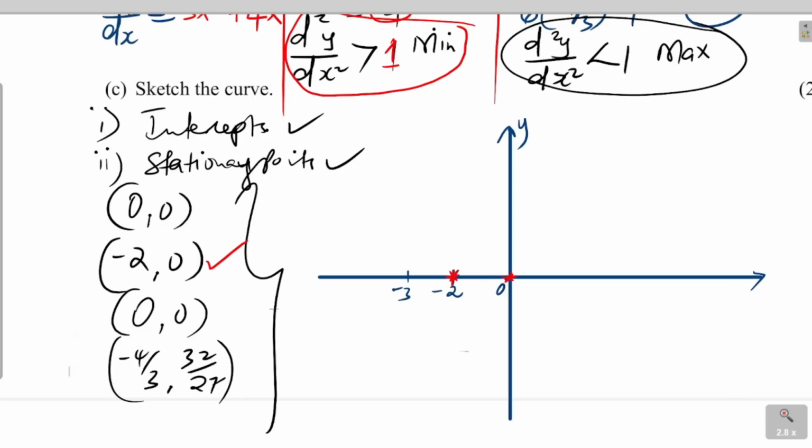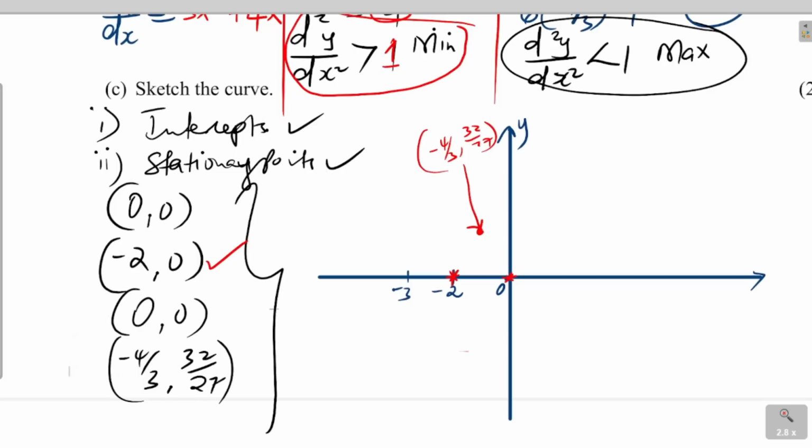Then 32 divided by 27, again it will be somewhere here. So if I approximate that point, negative 4 over 3 and 32 divided by 27, it will be somewhere there. I think those are the only points that you're going to use.